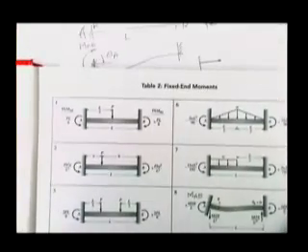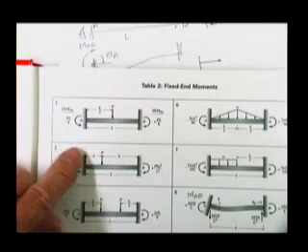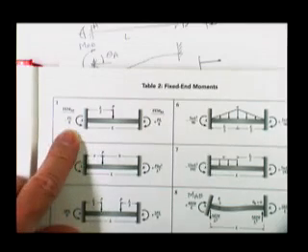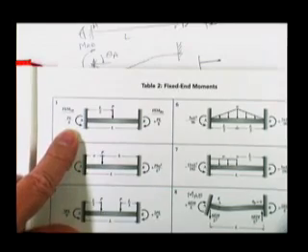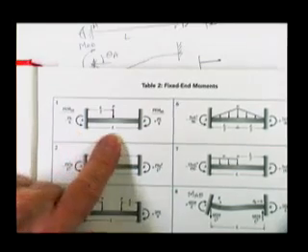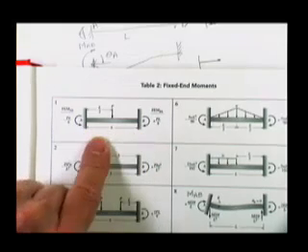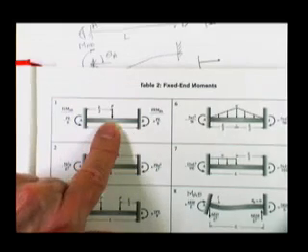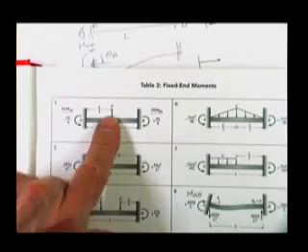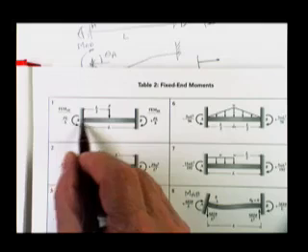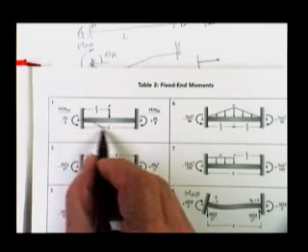For example, I'm not sure I really like this, but I don't know if there's any real good way out of it. Here is a beam that's fixed on both ends, got a load P in the middle, causes some deflection that looks like this.